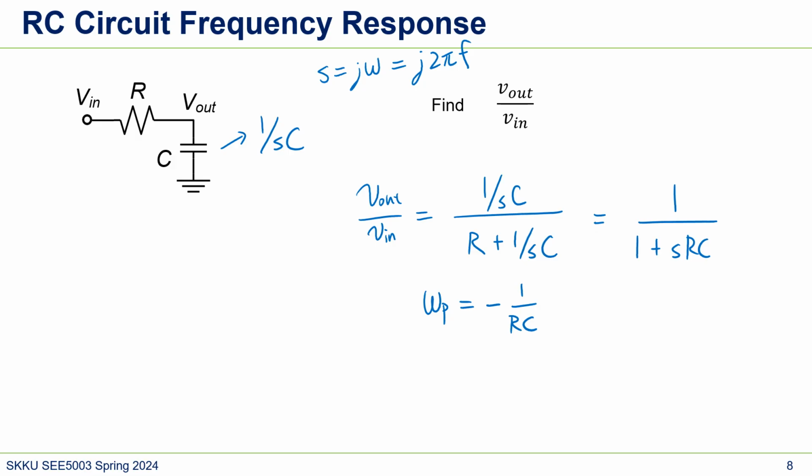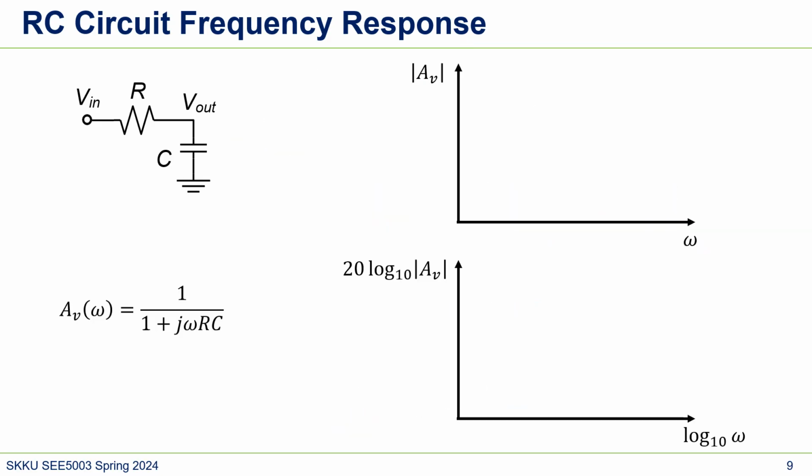This is a function of S, and we can also represent this as a function of omega, and this will be 1 over 1 plus j omega RC. Now we got an equation here, and let's draw its frequency response.